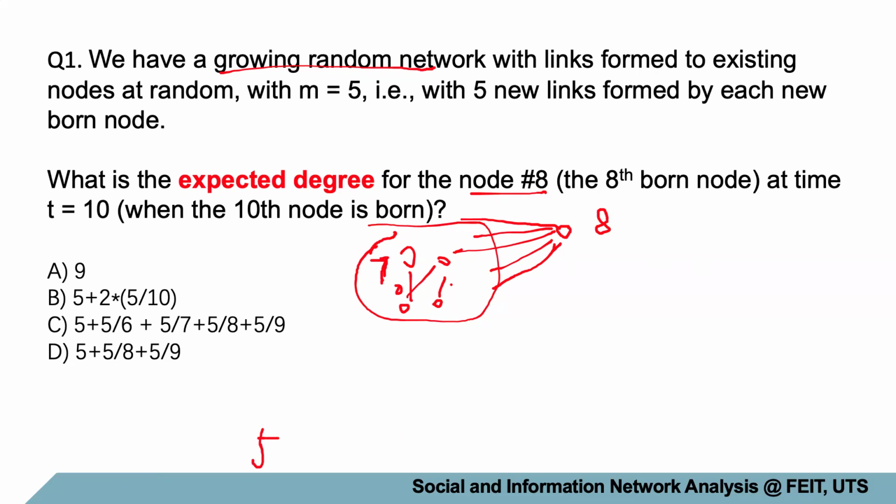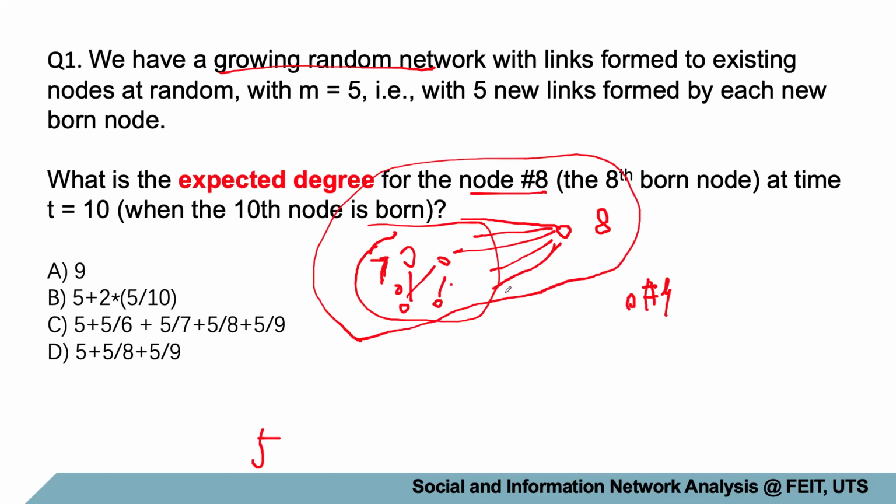Degree of 5. And now we add node number 9. For this node 9, there will be 5 edges, and each edge will be connected to one of the 8 existing vertices.